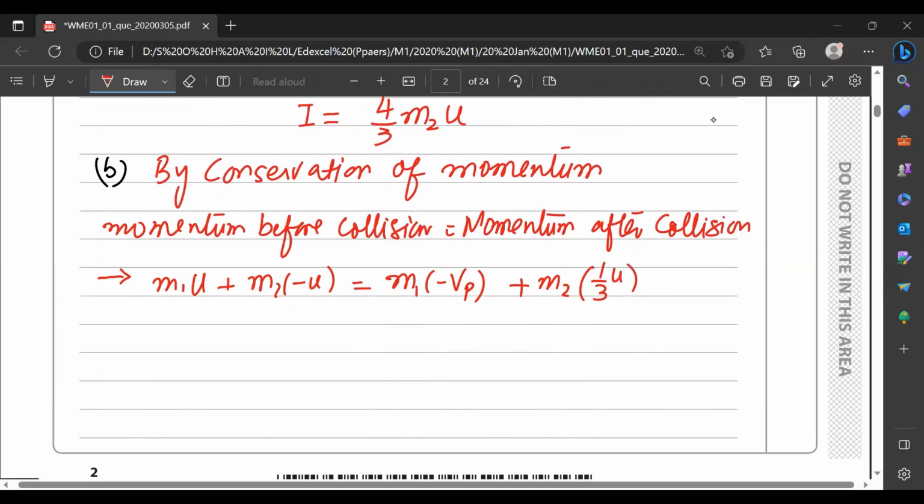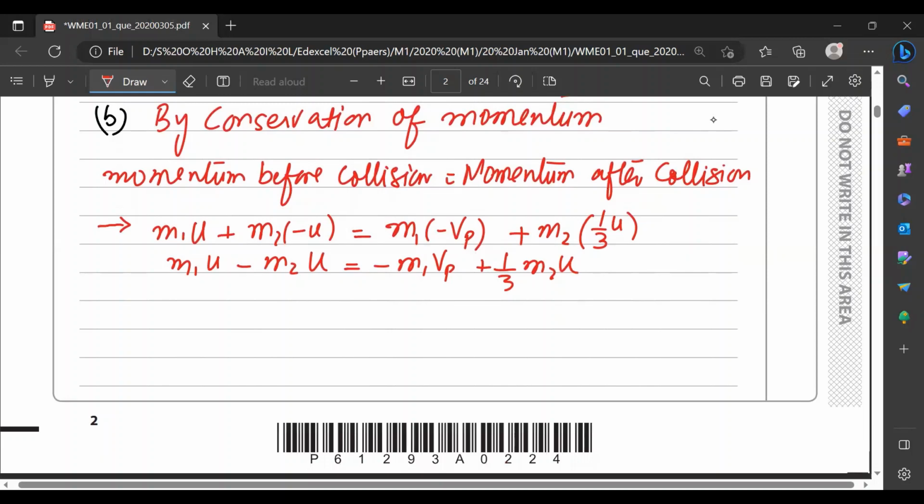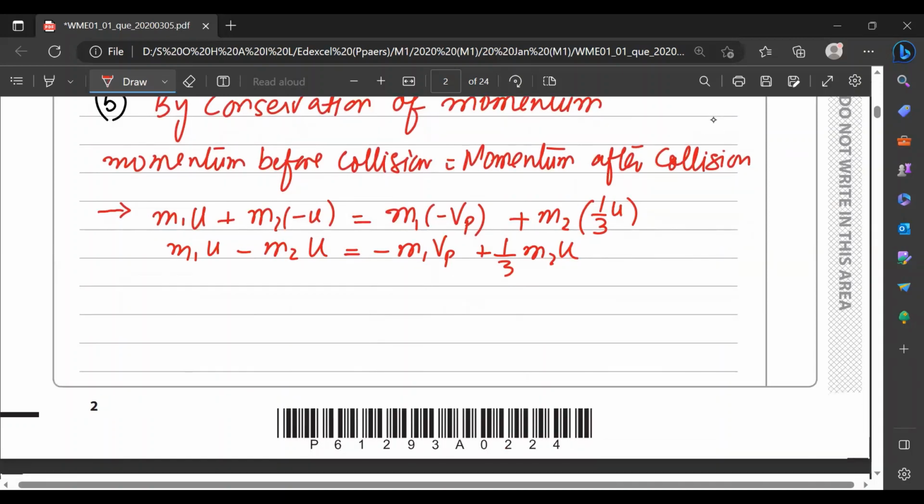Simplifying, m1 u minus m2 u equals minus m1 Vp plus 1/3 m2 u. The question is to find Vp, so I can shift m1 Vp to the left-hand side.